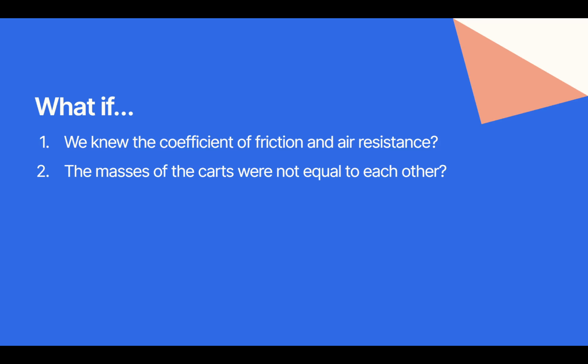And what if the mass of the carts were not equal to each other? So what if, for example, the first cart had double the mass of the second cart? In this case, if we do not take into account the friction and air resistance, just taking into account the change in the mass, then the momentum will still be conserved, but it will be greater than it was before.